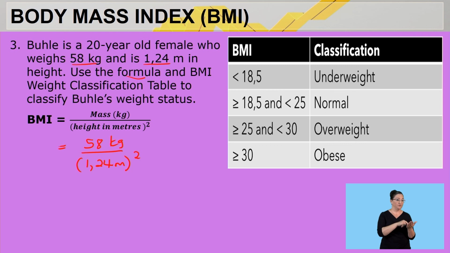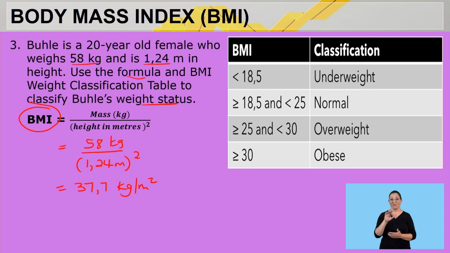Now let's go to our calculator. 58 divided by 1,24 squared equals. So that will give us a BMI of 37,7, right? Kilograms per square meter. Now we have our BMI. We have to classify, right, her weight status by looking now at the table.